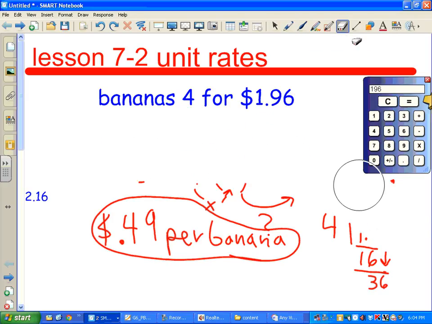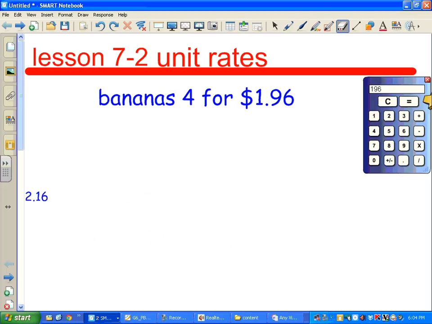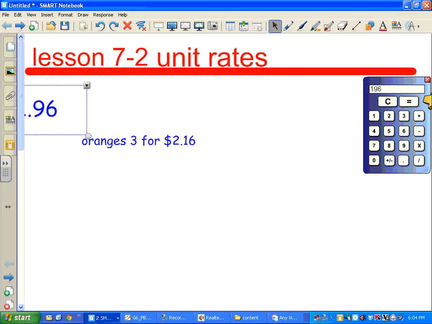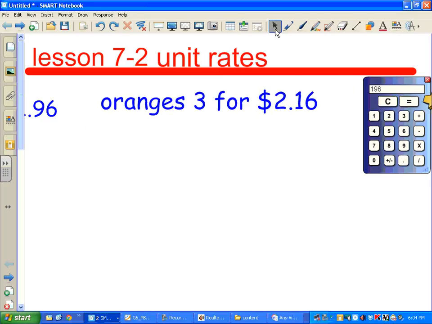Okay, now let's kick it up a notch into full speed, the speed that we want to have while we are working. Okay? Oranges. 3 for $2.16. Well, I set up my ratios. I have money. I have oranges.